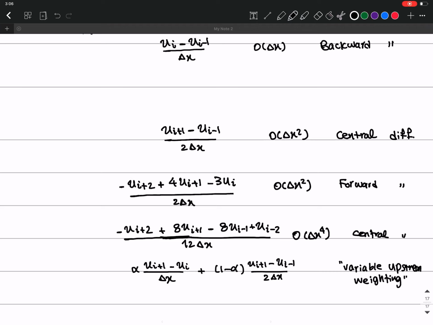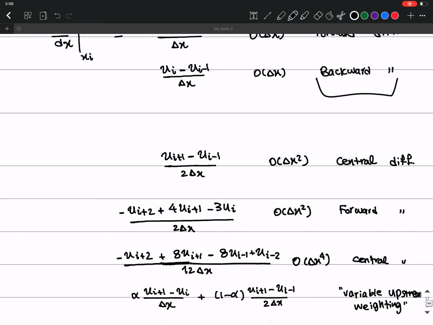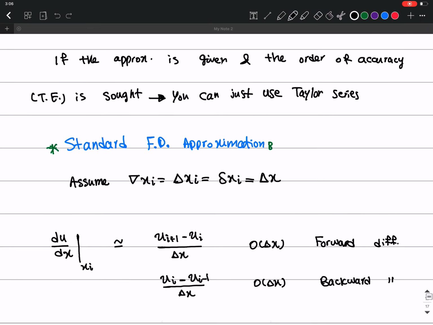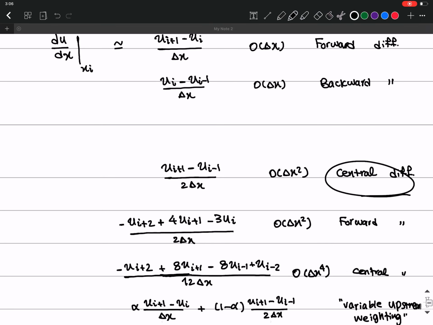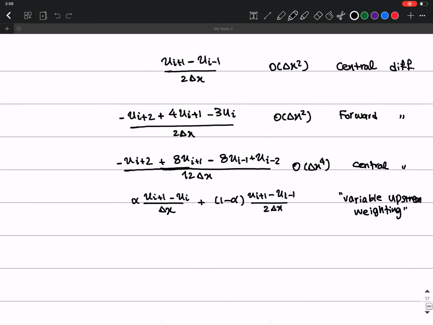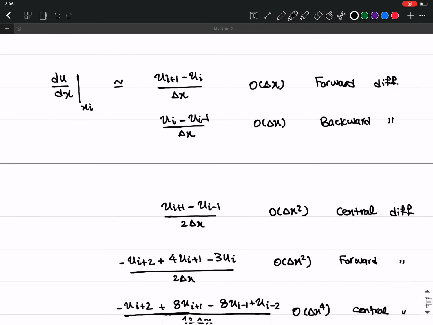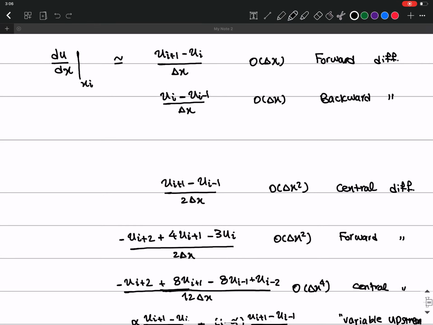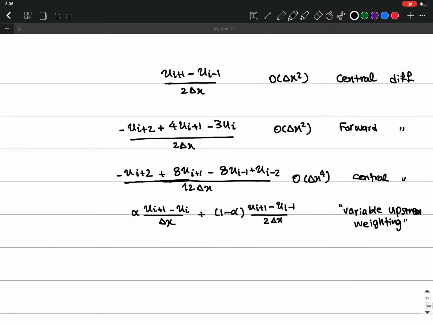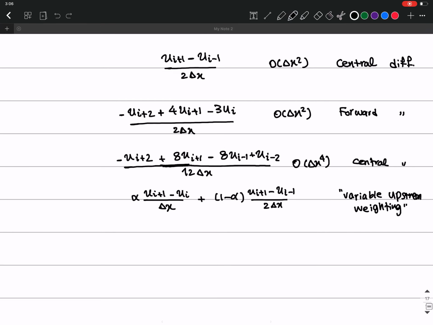And similarly, you can combine the backward one with the central difference here, and then you can get a variable downstream weighting, where instead of this forward difference we just write a backward difference. Okay. So these are some general, standard ways to approximate the first derivative.